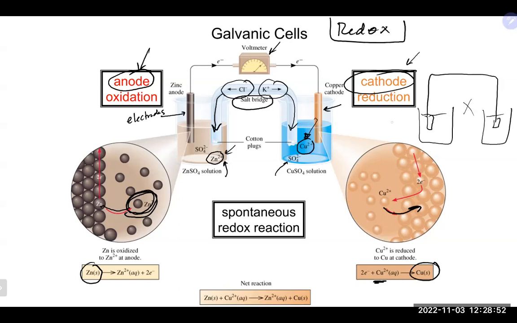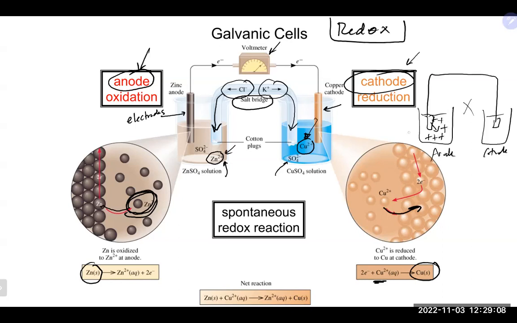What is essentially happening, if this is our anode side and this is our cathode side, and we ran this without the salt bridge, as the oxidation occurs, we are going to build up a lot of positively charged ions over here.